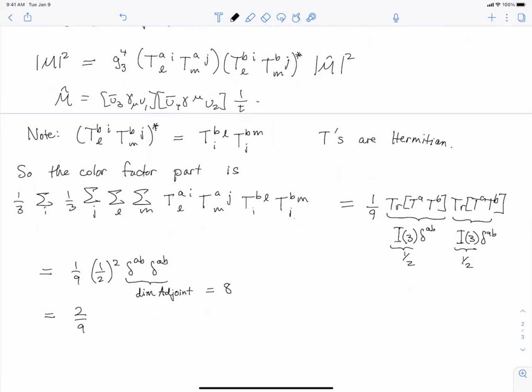So that's what you get from putting in all the color matrices and doing the averaging and summing, averaging over initial state colors and summing over final state colors. Okay, and meanwhile, the reduced matrix element hat squared part is the same as QED after stripping off the e to the 4th part.